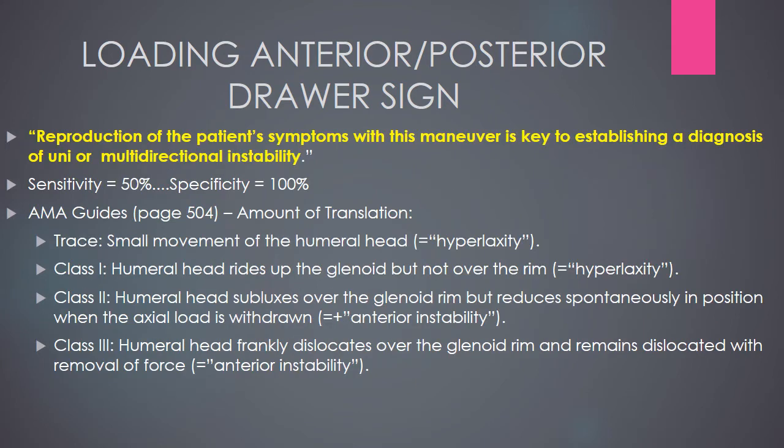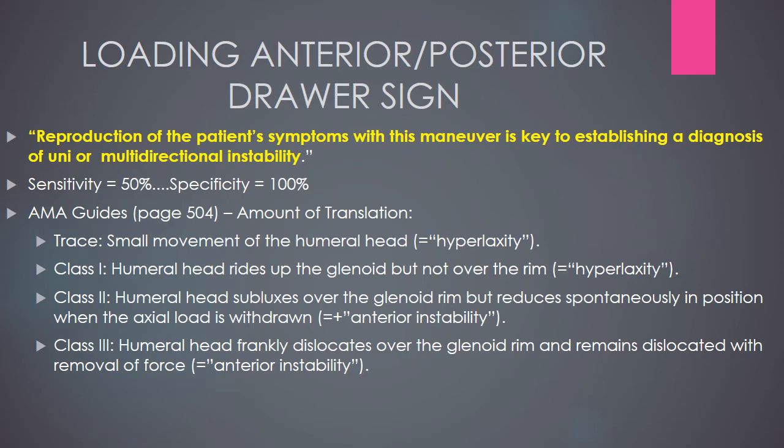Now, it's important that these maneuvers reproduce the patient's symptoms, because we can have laxity and physical examination findings for pain and patient reports of pain, but it's the reproduction of pain along with the muscular defense that is key to establishing the diagnosis of either unidirectional or multidirectional instability.